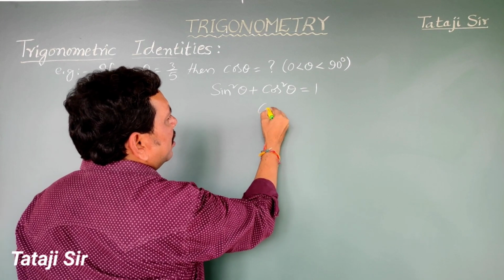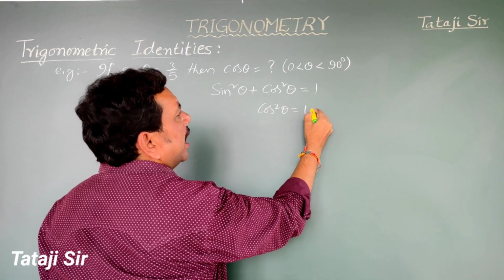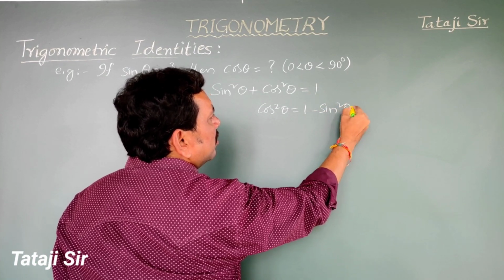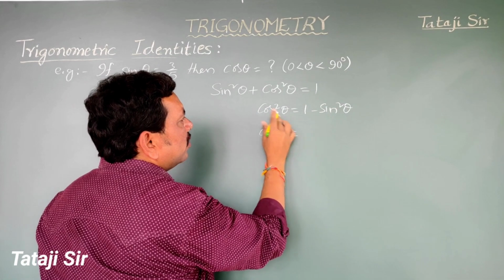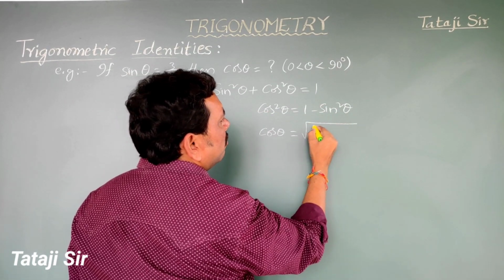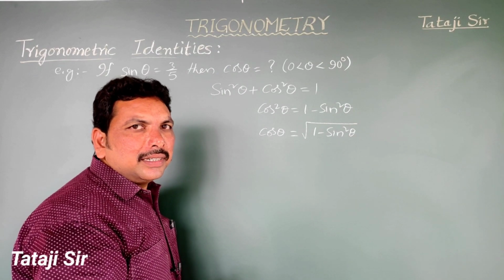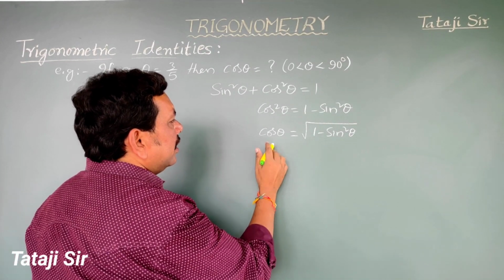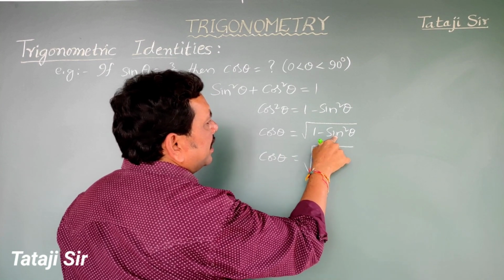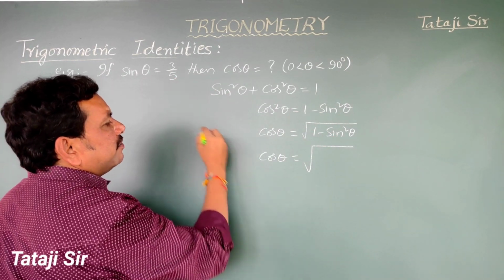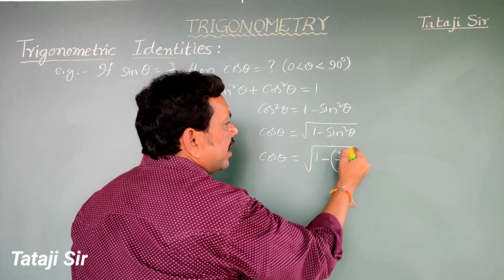So then cos square theta is equal to 1 minus sin square theta. Then cos theta is equal to, applying root on both sides, root of 1 minus sin square theta. Here, in the place of sin theta, apply 3 by 5: root of 1 minus 3 by 5 whole square.